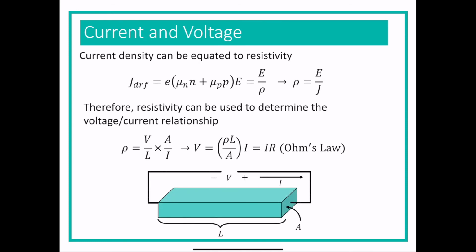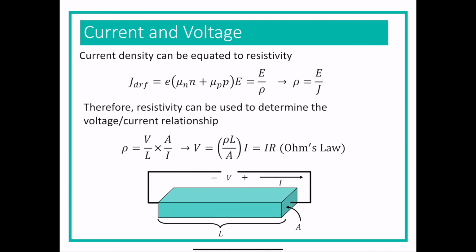And we can use that to figure out the voltage and current relationship. Taking the volts divided by the length times the area divided by the current, we basically derive Ohm's law. We get the voltage is equal to rho L over A, which is the resistance, times the current, and we get V equals IR, which is how it works in a bar of semiconductor material.